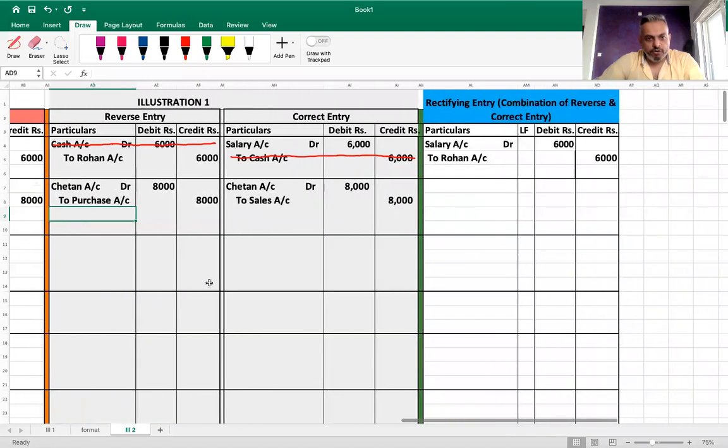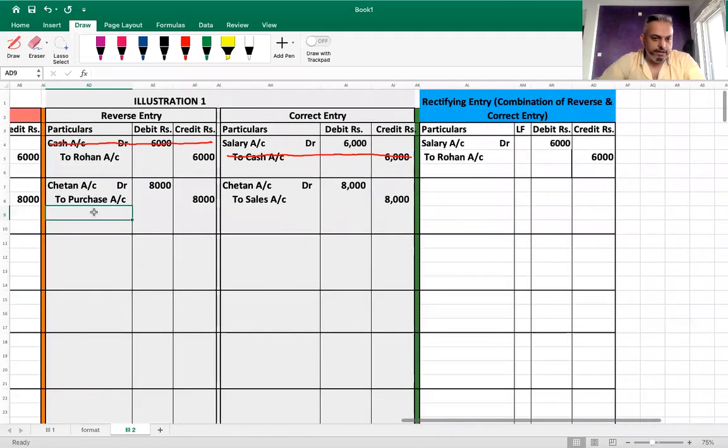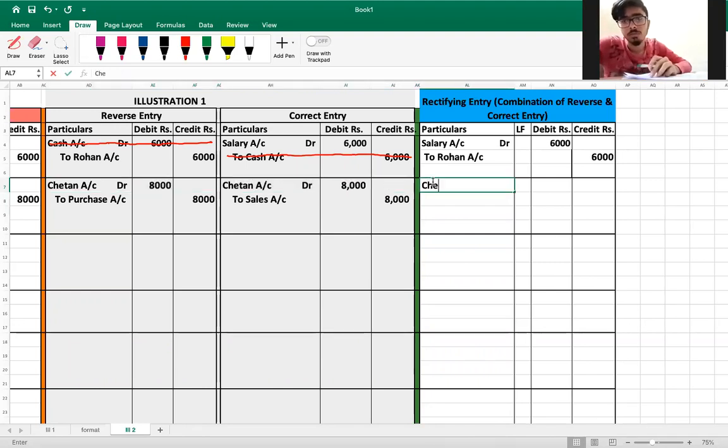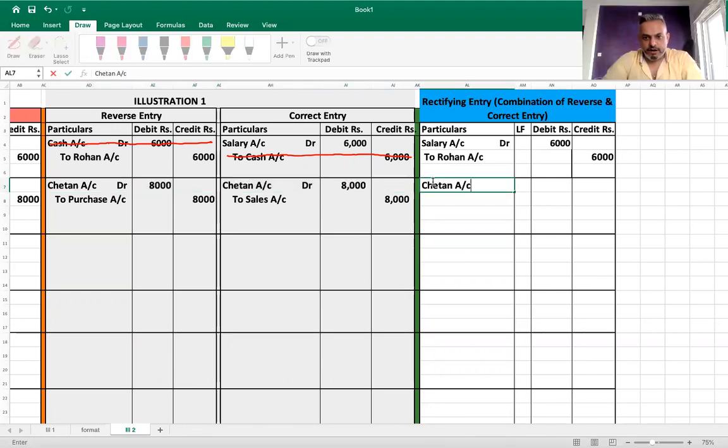Now we have to combine reverse entry and correct entry, but there is Chetan account debit 8,000 and there is Chetan account again debit 8,000. तो दोनों डेबिट है तो क्या करेंगे चेतन अकाउंट को, प्लस या माइनस? Plus, plus. Very good. So Chetan account same sign plus, opposite sign minus: 16,000.